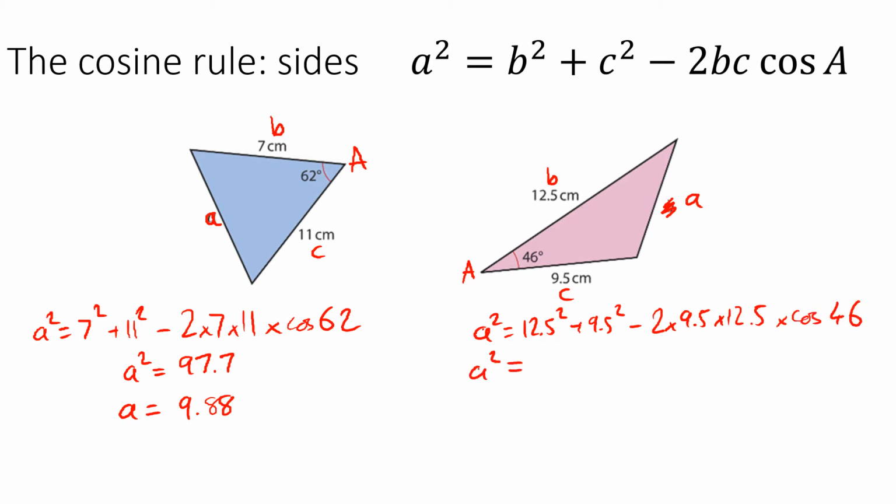That mouthful gives us 81.5 as our answer. We'll square root that and we'll get that A is this time 9.03. Those are both centimeters, aren't they? Yeah. Hopefully you got those right, and if you can do that, you can apply the cosine rule to find sides. Let's look at angles.